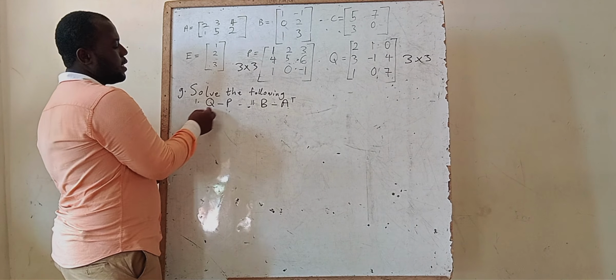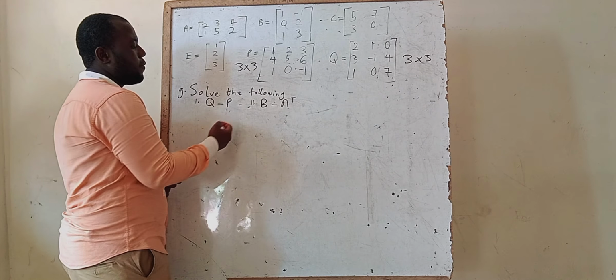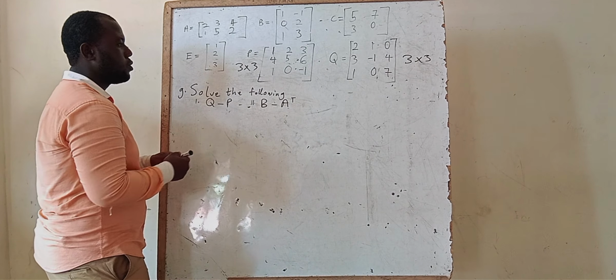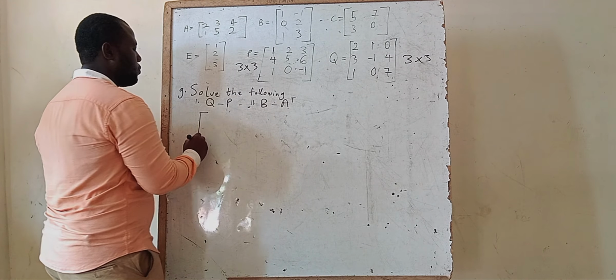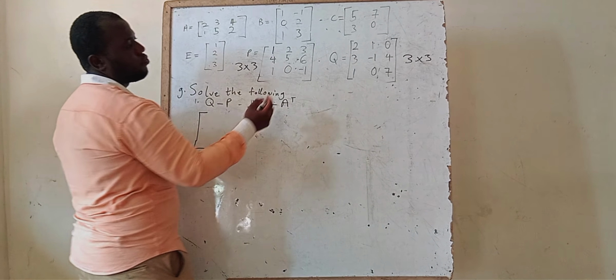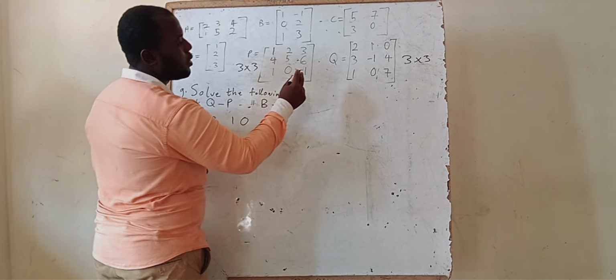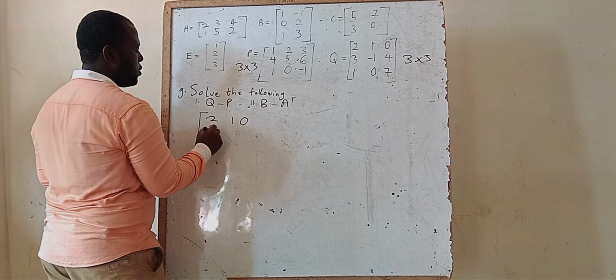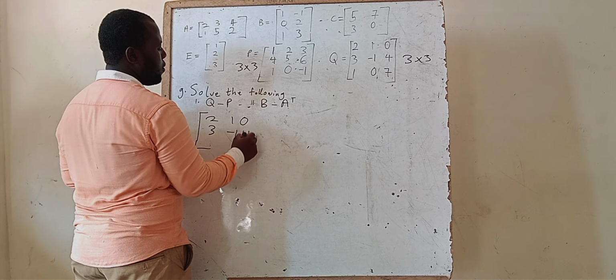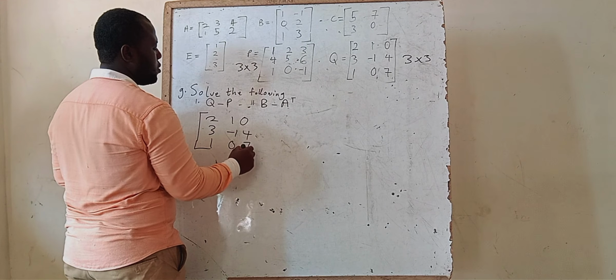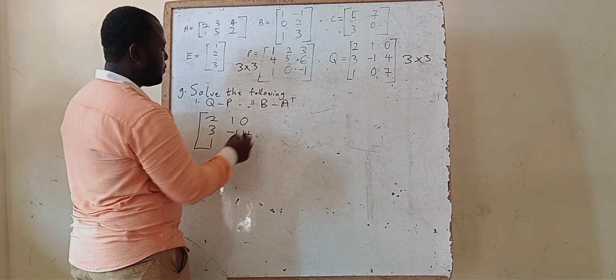So the question says Q minus P. This time we are taking Q first, then minus P. So let's write Q. Q has 2, 1, 0, 3, negative 1, 4, 1, 0, 7.